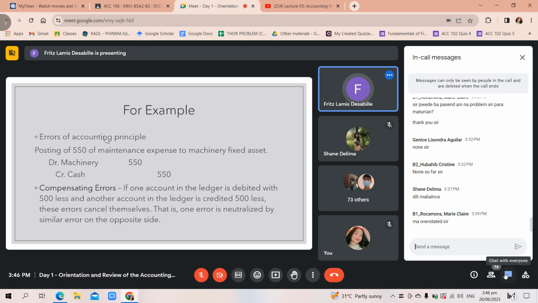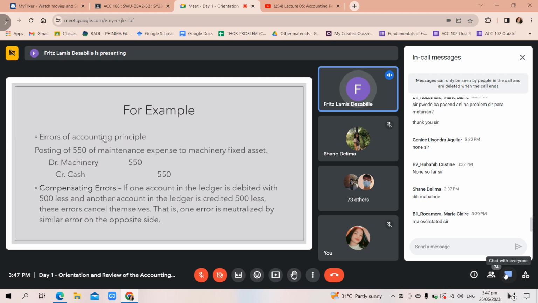Errors of accounting principle. So example, posting of 550 pesos of maintenance expense to machinery fixed asset. So debit machinery 550, credit cash 550. So later on sa tong Phil 124, we will be learning why this is wrong. So well, it could be right nga pwede ka maka-debit machinery. However, there is a qualification.